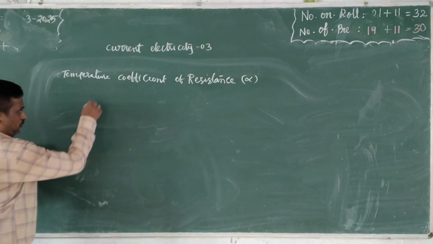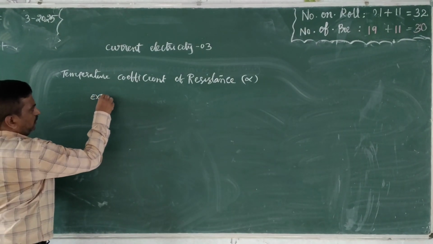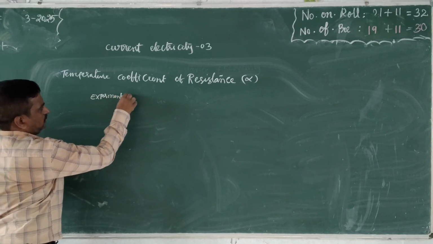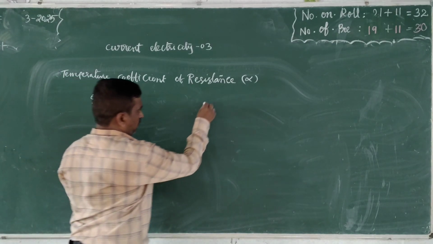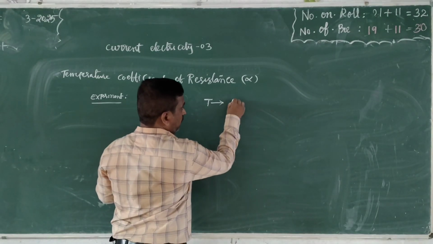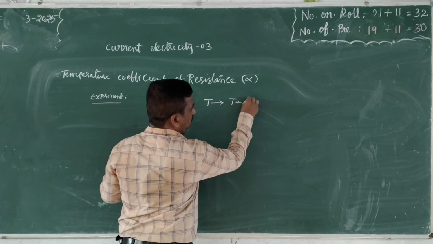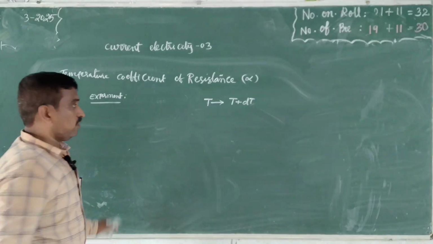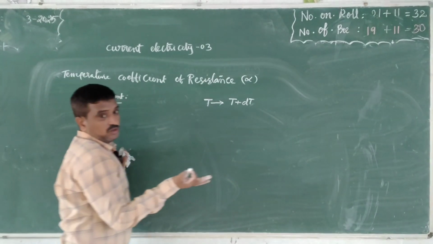Experimentally it is proved. For example, the initial temperature is T. What we are doing now is increasing the temperature by dT. What happens is that resistance increases.